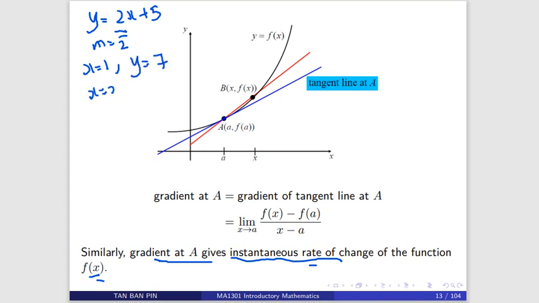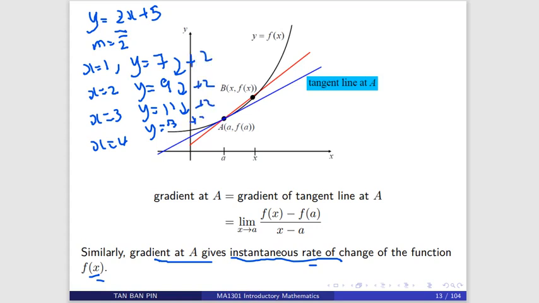You put x as 2, y will be 9. You put x as 3, y will be 11. You put x as 4, y will be 13. So you see that if you increase x by 1, y increases by 2. It's plus 2 here, plus 2 here, plus 2 here.